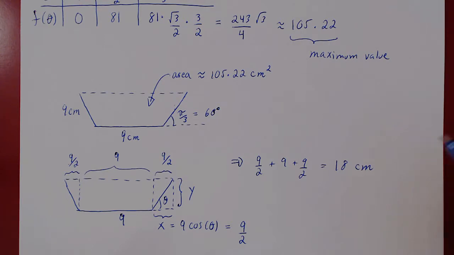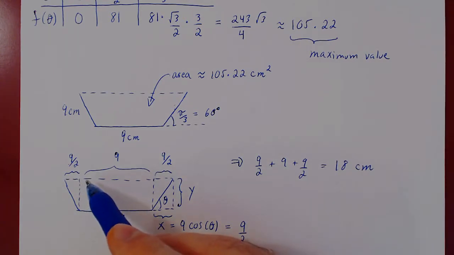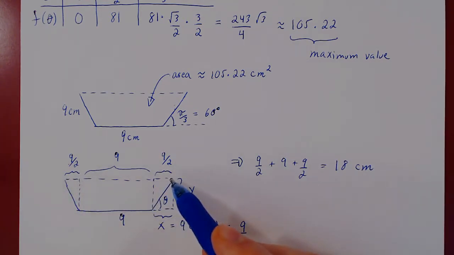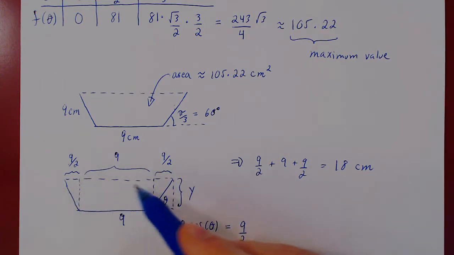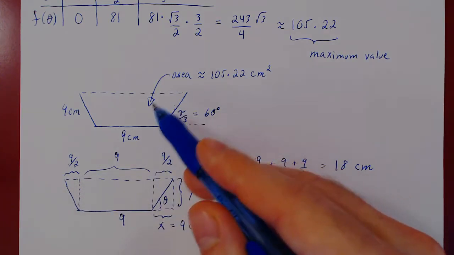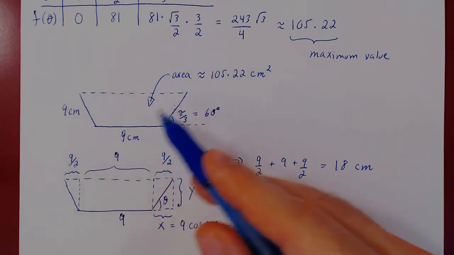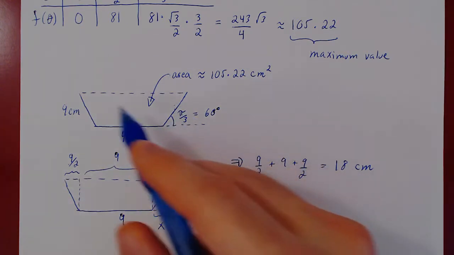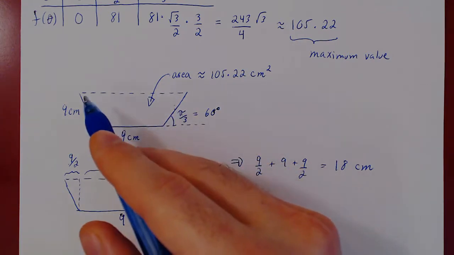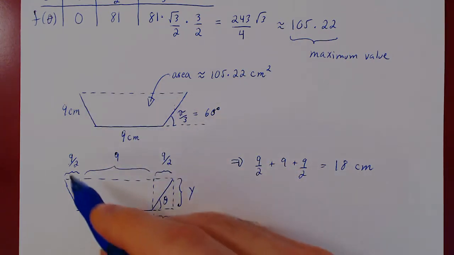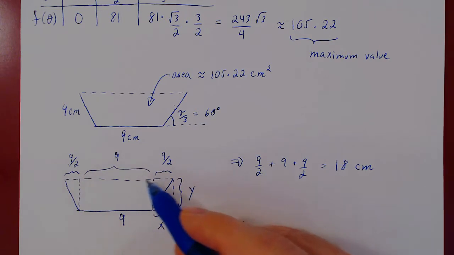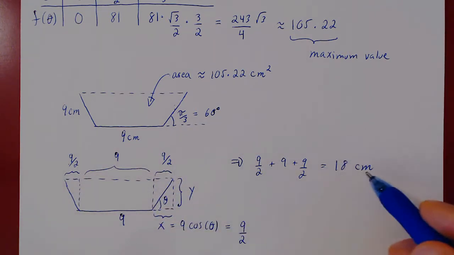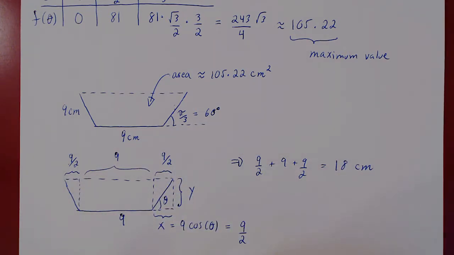We were asking for how wide should the opening across the top be so as to maximize the carrying capacity, therefore the area, the cross-sectional area of the rain gutter. So our answer would be that the area is maximized, therefore the carrying capacity is maximized when the opening across the top is equal to exactly 18 centimeters.